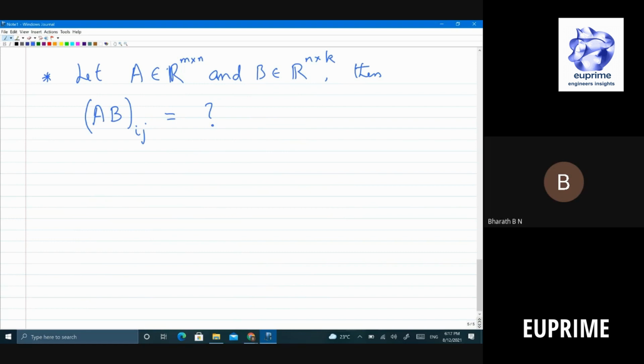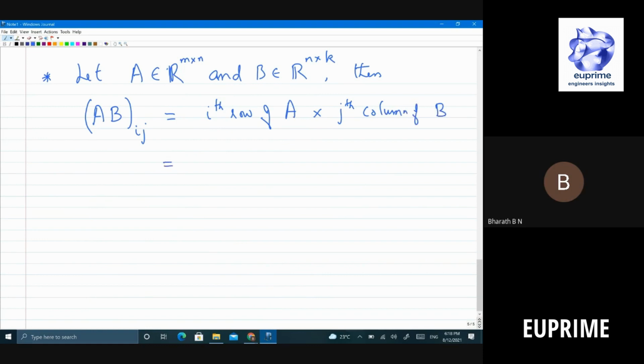You take the row multiplied by the columns. You take the ith row of A multiplied by the jth column. So the answer would be, you take the ith row of A times the jth column of B. This is as simple as this.